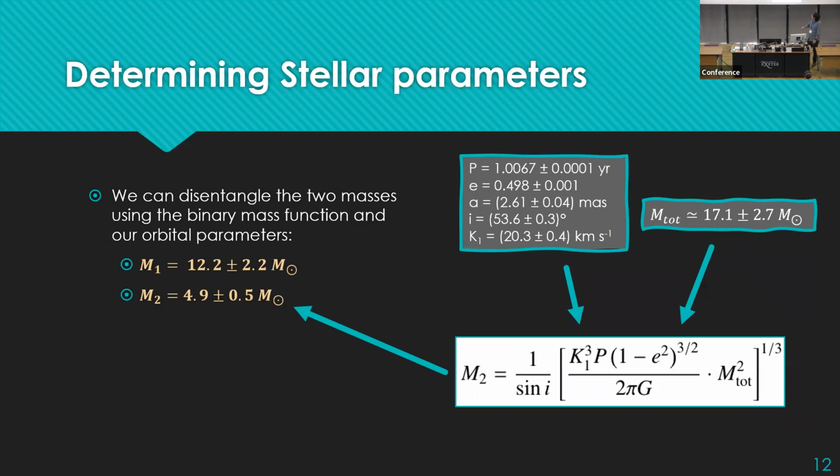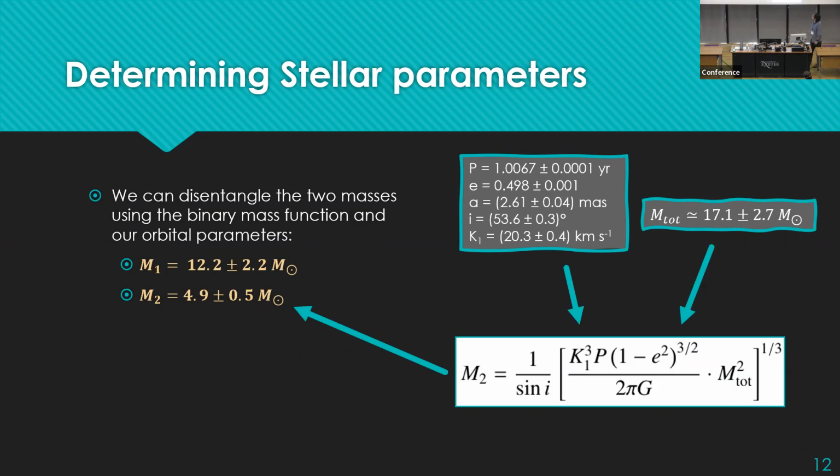Once you have the combined masses and the orbital parameters, we can disentangle these into the individual masses of the two objects using this horrible equation. And we did that, and we obtain the first actual individual masses for the two objects in the system.